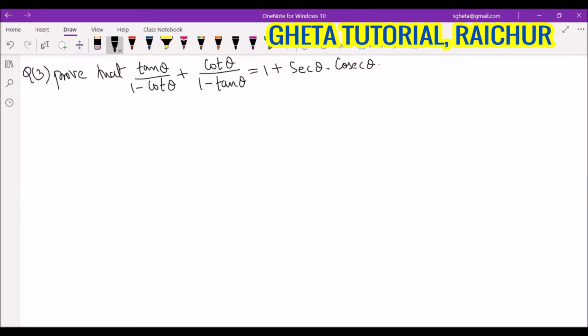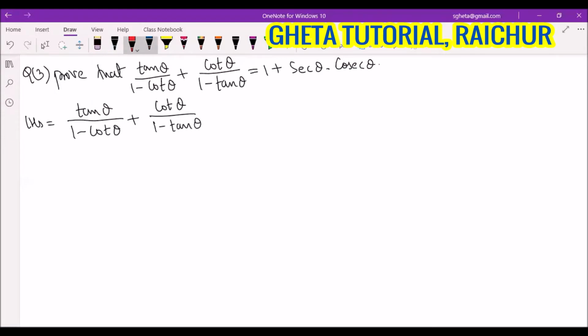So here we have to prove this 1 plus secant theta into cosec theta. So here I will go for the LHS. LHS is given: tan theta divided by 1 minus cot theta plus cot theta divided by 1 minus tan theta.